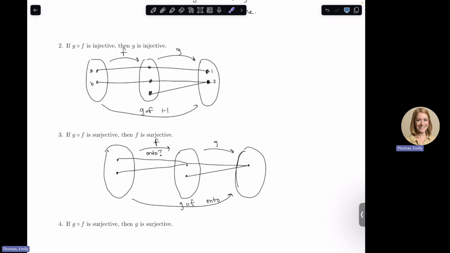G of F would take this to here and this to here, which would be onto. F misses this guy. So not onto. Here's a counterexample.